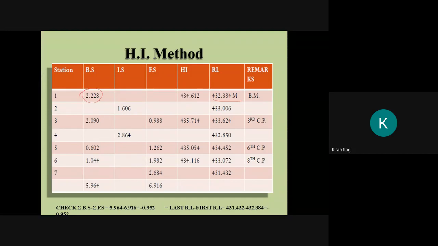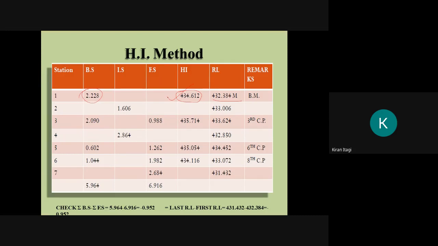How much will you get? You will get 434.612. How do we get this? You add the RL 432.384 plus 2.228, so you get the height of the instrument, that is 434.612.